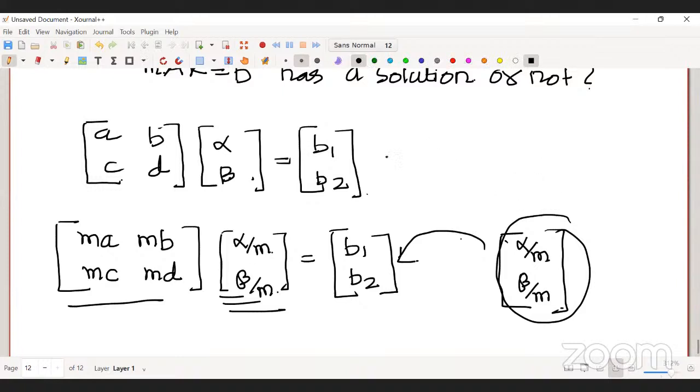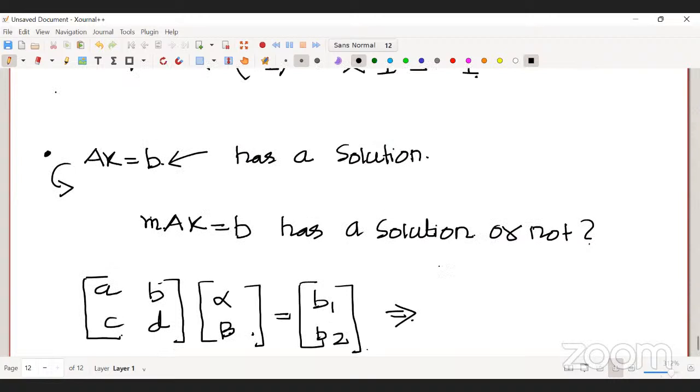Why have you taken alpha by M and beta by M? Because I'm multiplying M in the matrix. So I'm getting some extra M above, and I have to cancel it.